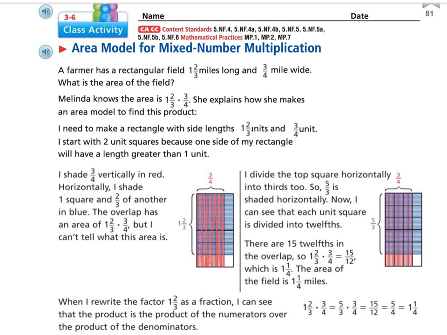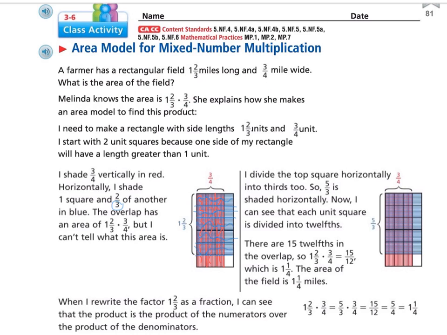Then she horizontally did one whole square and 2/3 of another. So we had to divide it in 2/3. So she's got 1, 2, 3, 1, 2, 3, and she did one whole box and 2/3 of the other one.